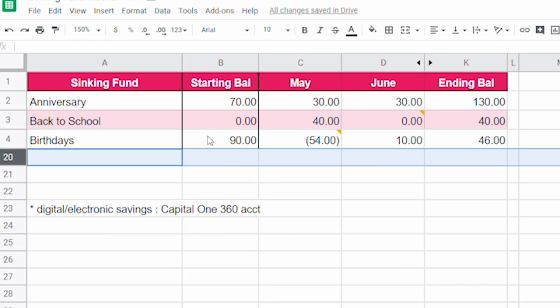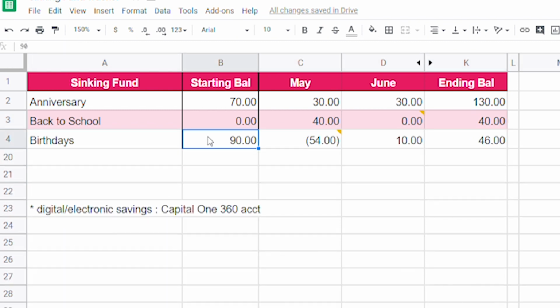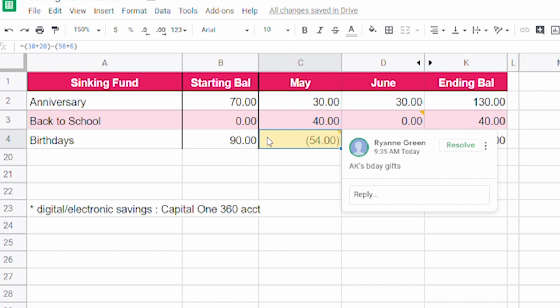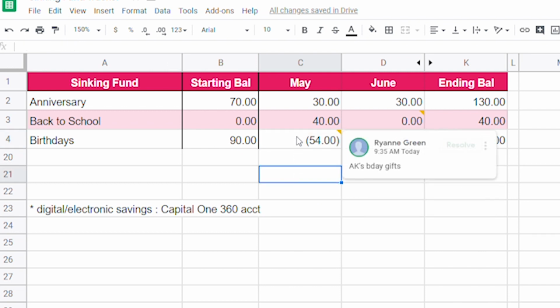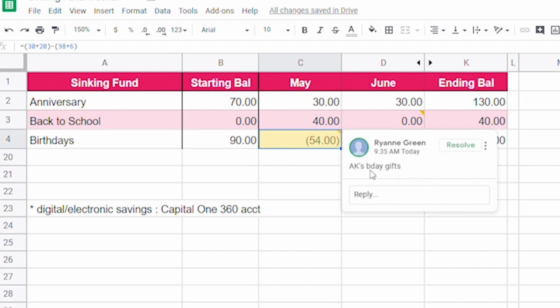Next one is birthdays. At the end of April, I started with $90 in this sinking fund. In May, I added $30 the first paycheck and $20 the second paycheck, but I also subtracted $98 one time and then $6 another time. What I like to do, if I can remember, as you can see I just added this today, is put in why there was any money going out.